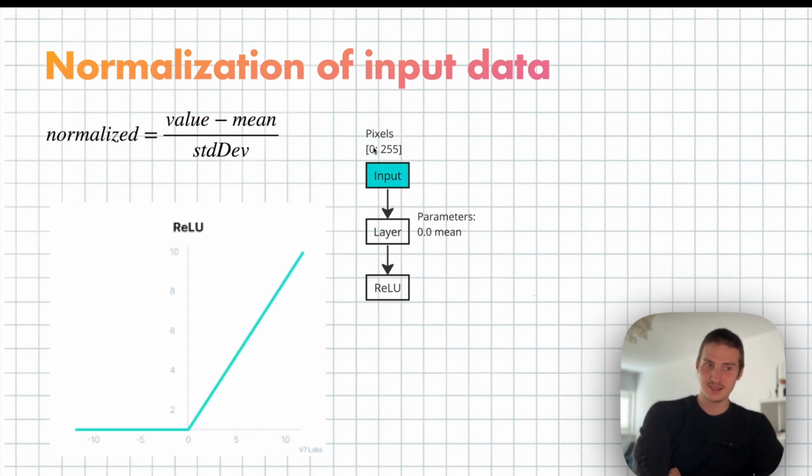And so if you take this unnormalized picture as an input, and pass it through some layer, which is usually initialized using 0 mean random initialization, and then pass that to rectified linear units, all your points will be somewhere here to the right, far away from the actual nonlinearity point here, which might prevent this function from working as it was intended to, at least in the beginning of the training.